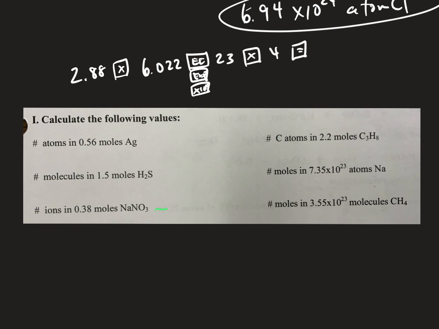So, we're not just going off of the atomic weight. No, not right now. Right now, we're just going from moles to particles, particles to moles. That's it. The only conversion factor we're using is the 1 mole equals 6.022 times 10 to the 23 particles. That's it so far.